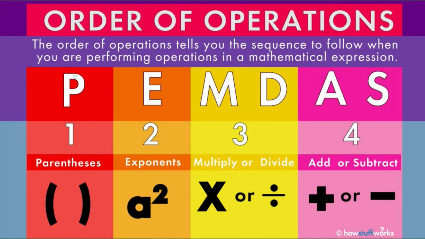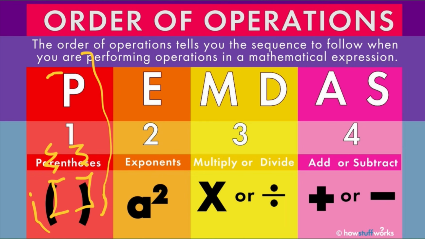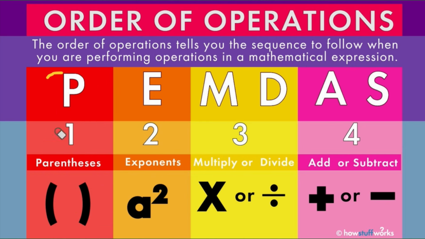I found this on the internet, and it is going to be very clear for you. So here in math, first, we have to solve parentheses. Parentheses means brackets, or these curvy brackets you see in math. So we are going to solve this first before we move to any other element. So second, we are going to solve exponents, then multiplication and division, then addition and subtraction, right?